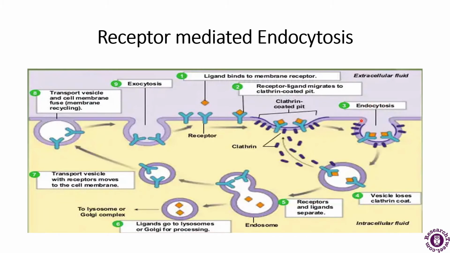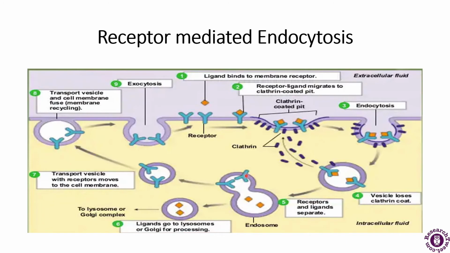After endocytosis is done, the vesicle loses the clathrin coat. You can see here a vesicle that has lost this clathrin coat. This is about the intracellular fluid, whereas the processes we were talking about earlier were in the extracellular fluid. In the next step, the receptors and the ligands separate.